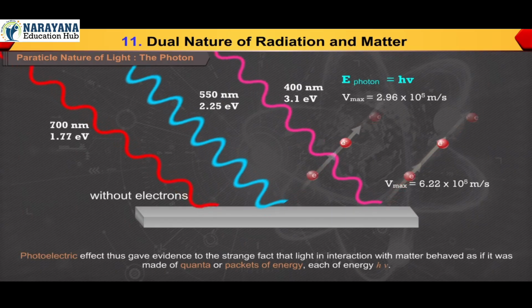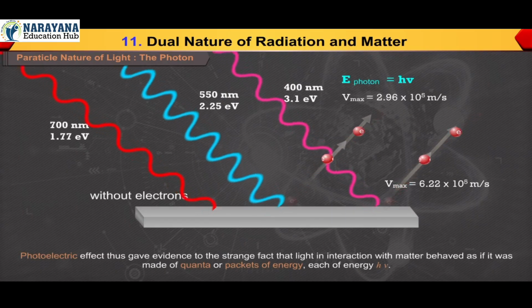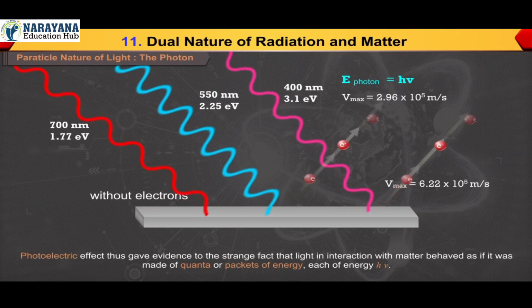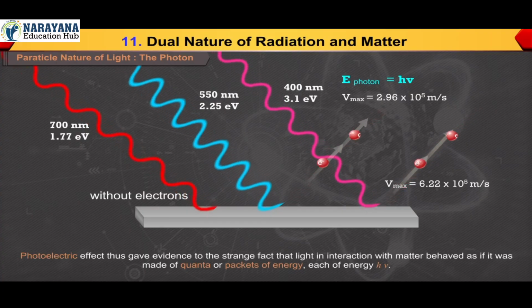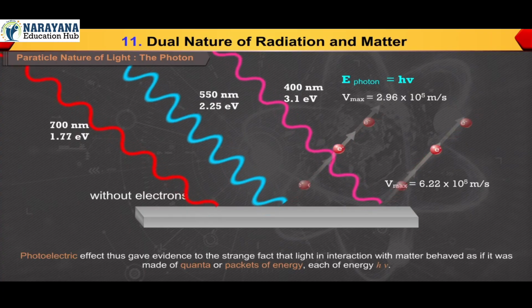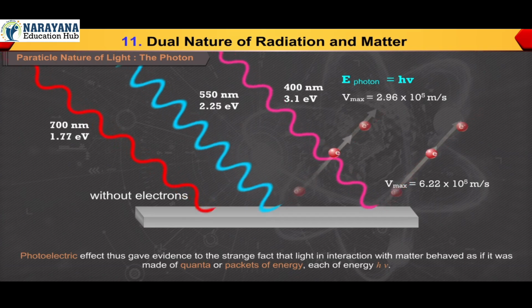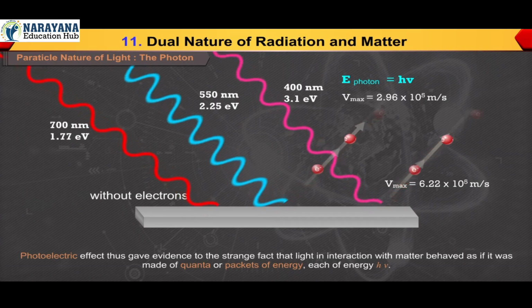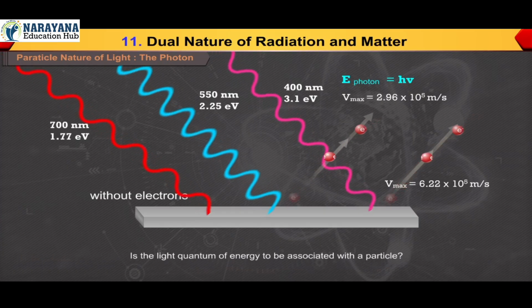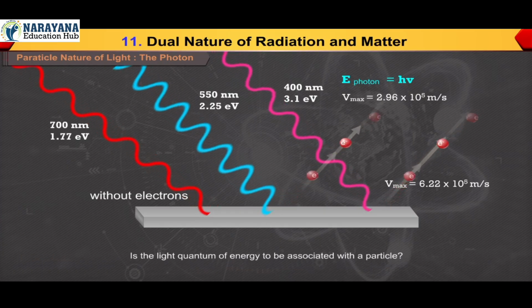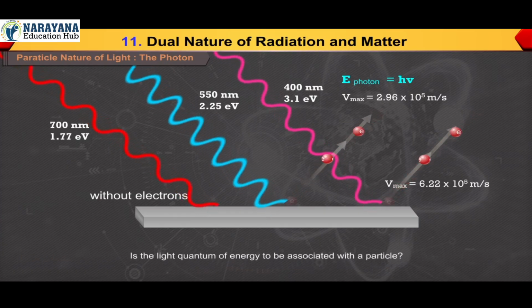The photoelectric effect thus gave evidence to the strange fact that light in interaction with matter behaved as if it was made of quanta or packets of energy, each of energy h nu. Is the light quantum of energy to be associated with a particle?